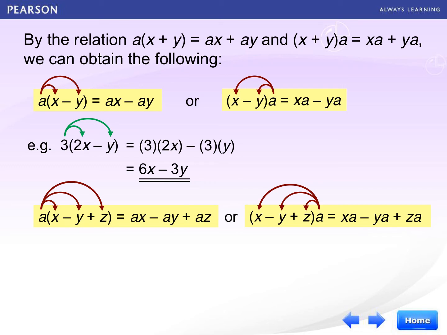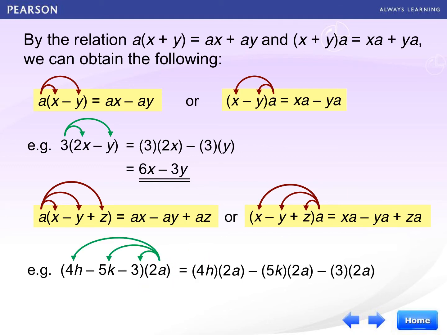It is also true if there are 3 terms in the brackets. See these two general cases. We multiply a to each term. For example, bracket of 4h minus 5k minus 3 is multiplied by 2a. Then what would it be? You multiply the 3 terms by 2a, like this.